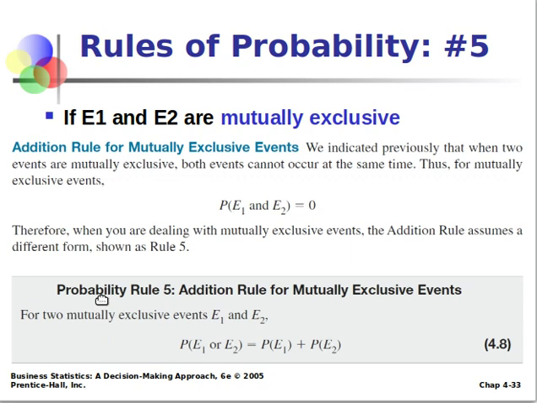Probability rule 5, which is the addition rule for mutually exclusive events. For two mutually exclusive events, event 1 and event 2, the probability of event 1 or event 2 equals the probability of event 1 plus the probability of event 2.